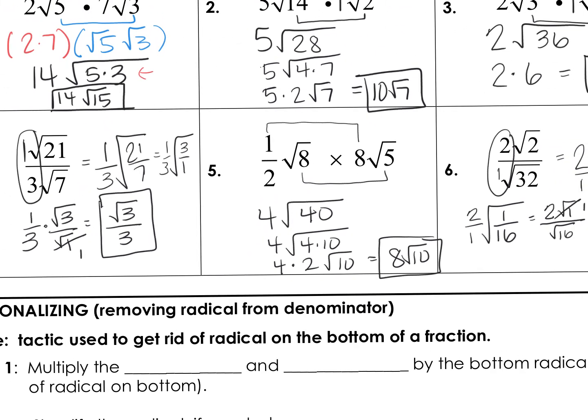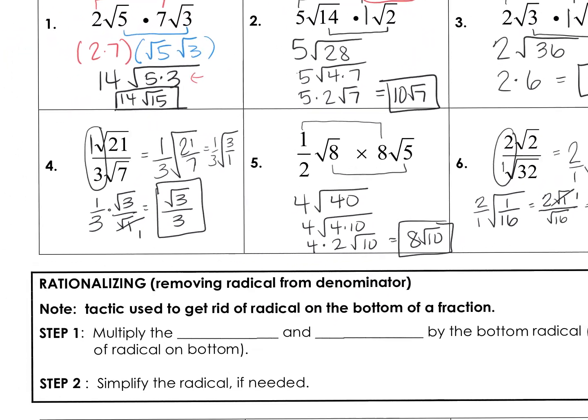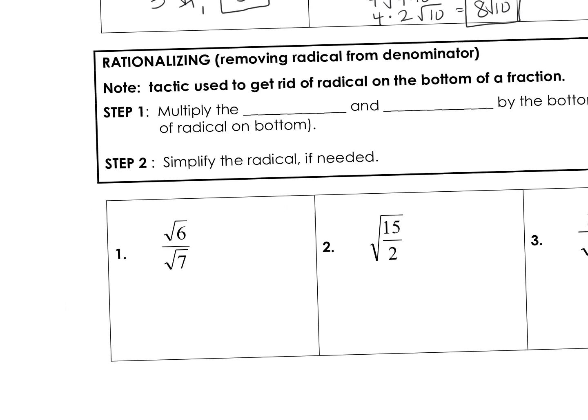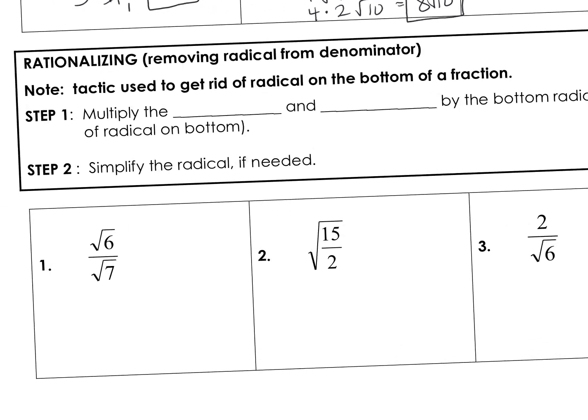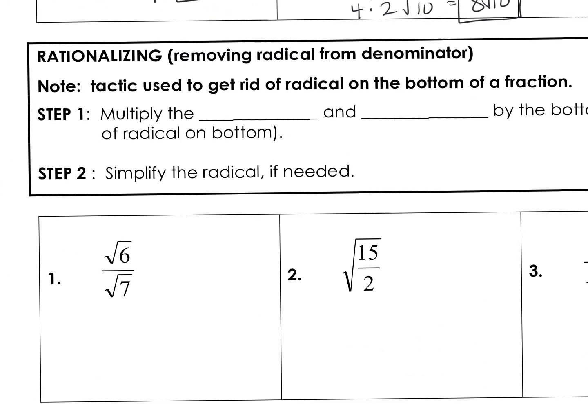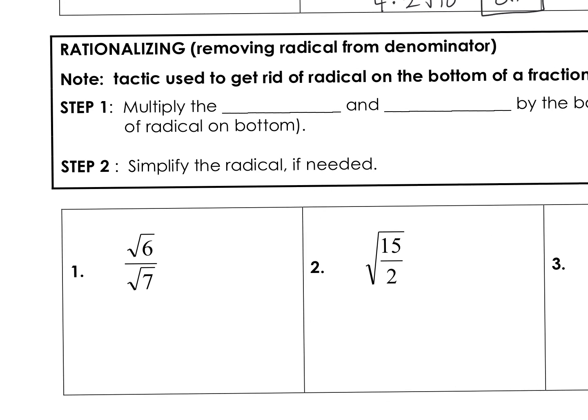Okay, last thing is something called rationalizing. Rationalizing means removing the radical from the denominator. So it's kind of not proper to leave a root in the denominator. It's not really proper to have your final answer have a fraction under the root.